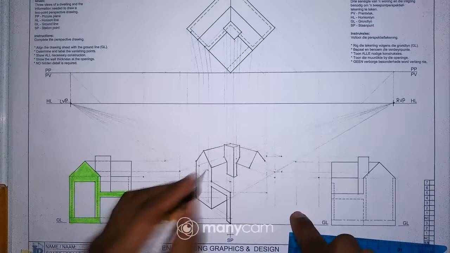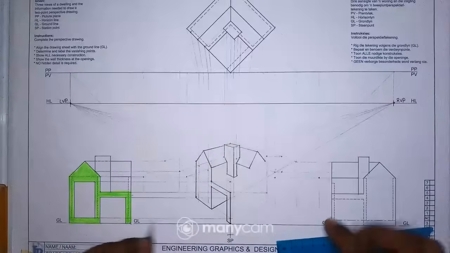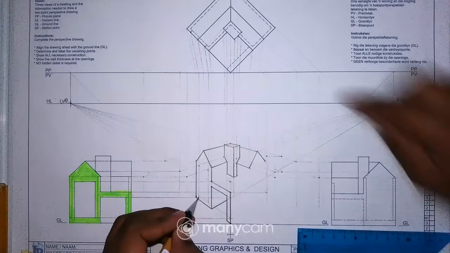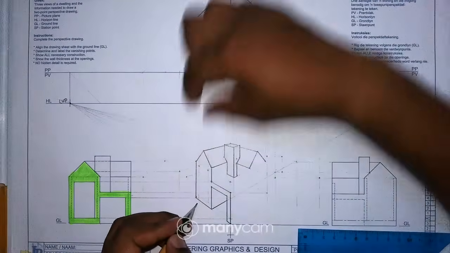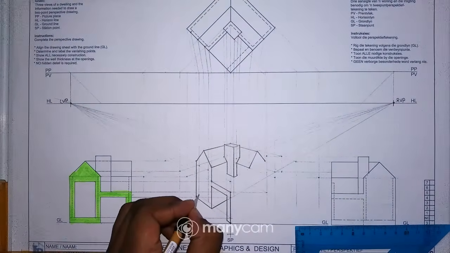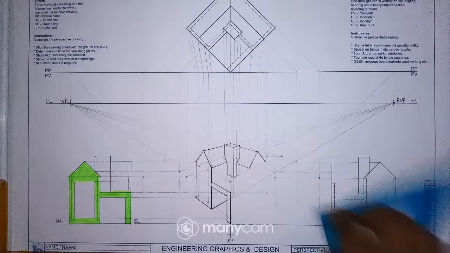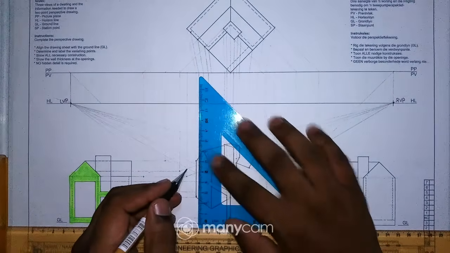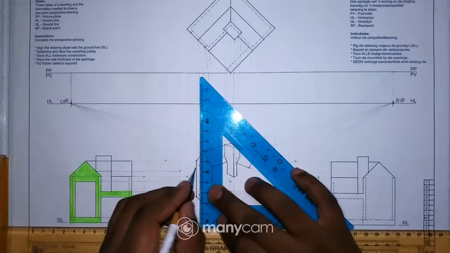So I have the 2 points, these ones, and then what about these 2? Obviously I use this height and I took this point to the LVP, and then I look for those 2 points. I will use those vertical lines, so that means I'll have a point there, a point right there. I hope you can see. Then now I can just complete my rectangle, because this is a rectangle. So the opening is right there.